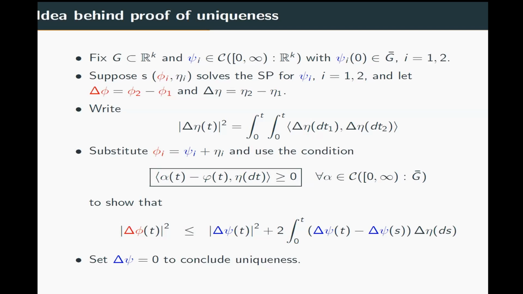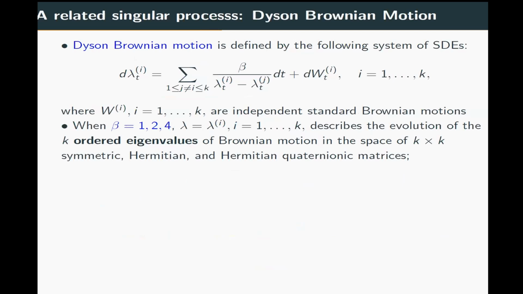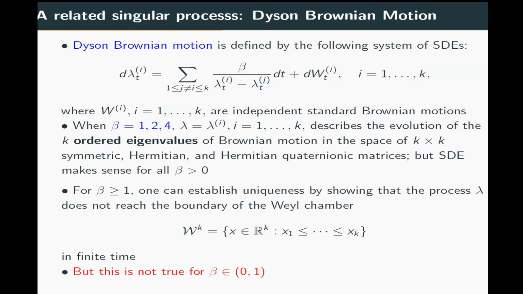Okay, so that was reflected Brownian motion, and now let's look at Dyson Brownian motion, which was mentioned recently, so I'm not going to spend too much time. We know this is defined by the following system of SDEs. When beta is 1, 2, and 4, it describes the evolution of ordered eigenvalues. But the SDE makes sense for all beta greater than 0.